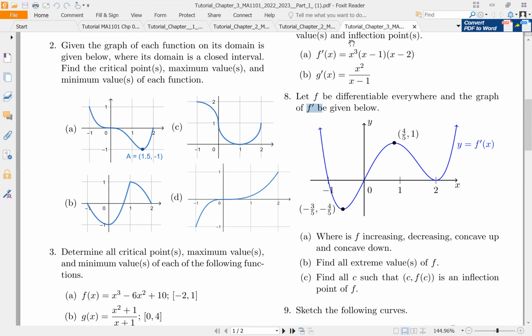Okay. So the next one. For part B, it is a short essay. Usually, you can solve this in 3 or maximum 4 steps.